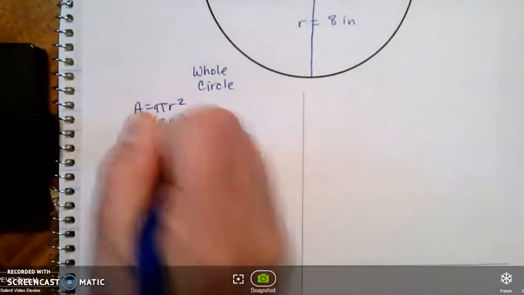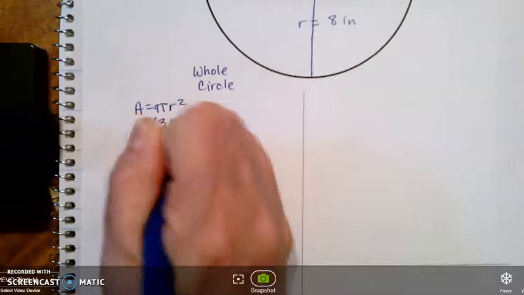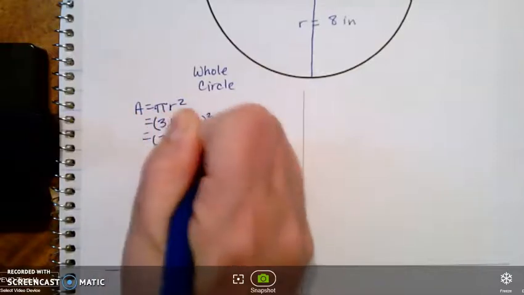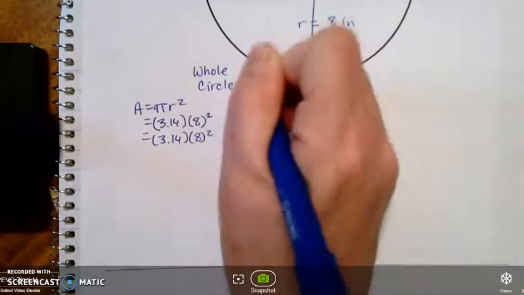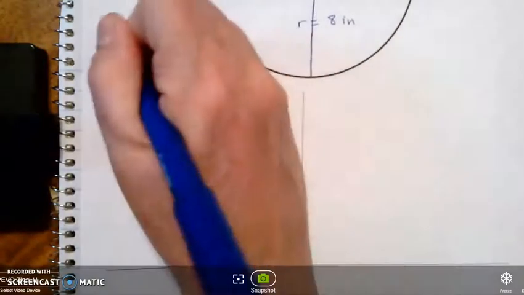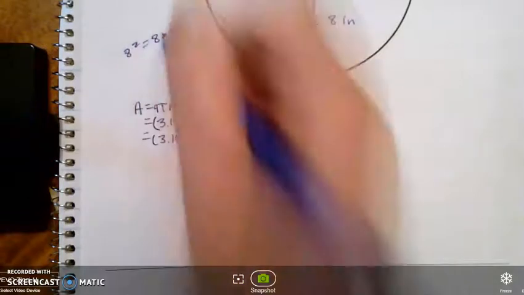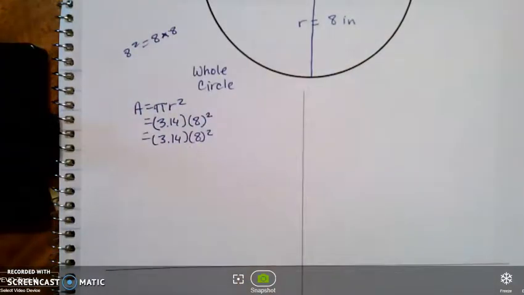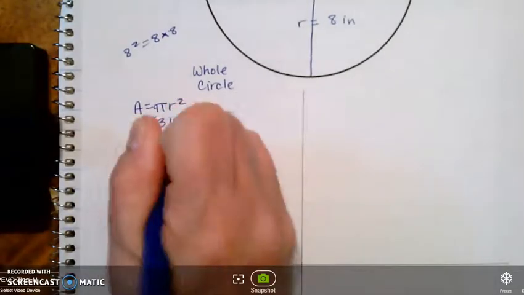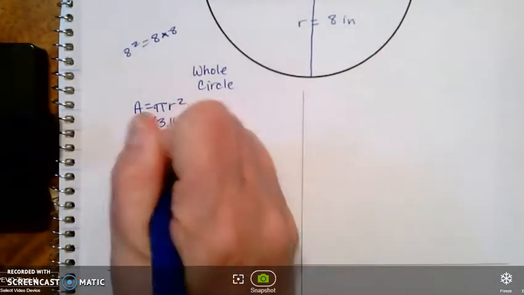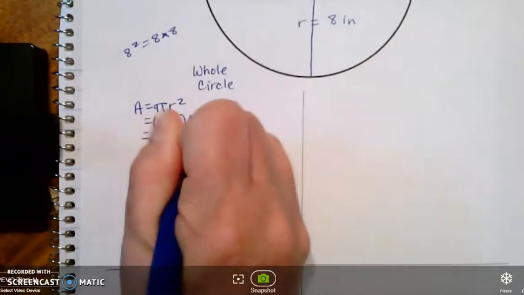Hopefully you said it's equal to 64, because 8 squared is the same as 8 times 8. It's that number twice. So it's 64. I was supposed to put 64 there and I didn't. Oh well.